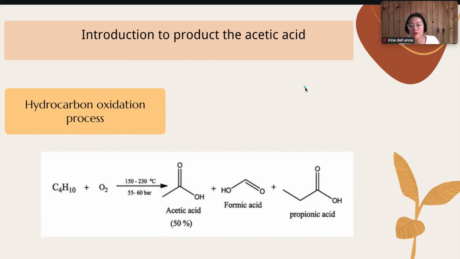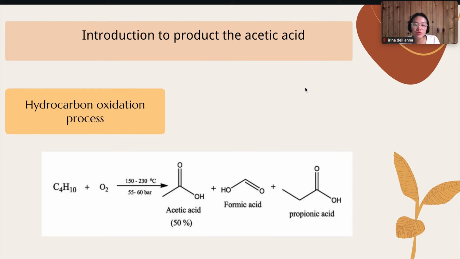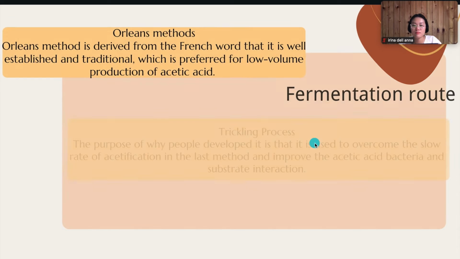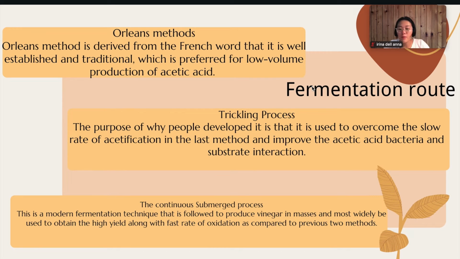Hydrocarbon extract from oil feedstocks, for example butane, is used to produce acetic acid, using cobalt to catalyze. The reaction takes place at a relatively high temperature and pressure. Fermentation is mainly suitable for the production of food-grade acetic acid, namely vinegar.